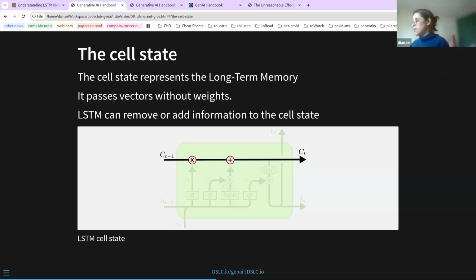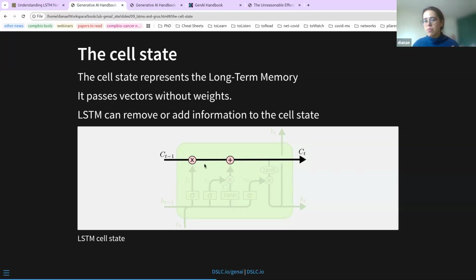And now we're going to see the first gate, the first module of our long short-term memory network. This line is called the cell state, and it represents our long-term memory. What it does is just pass vectors. We have no weights here, we have no activation functions.